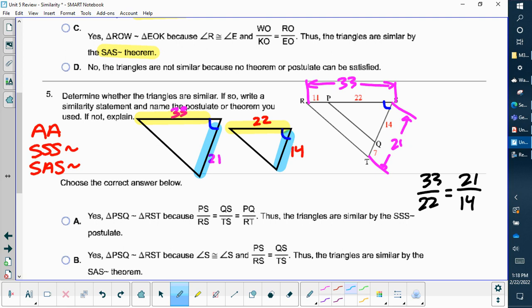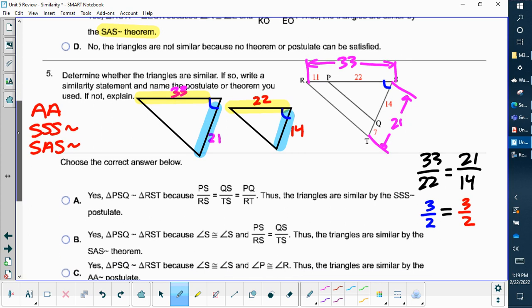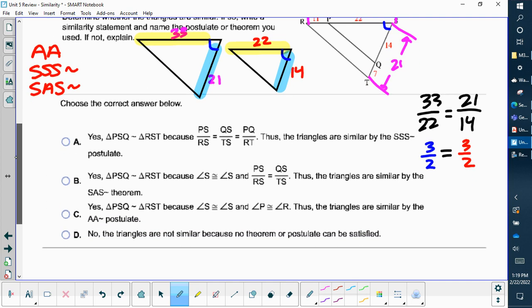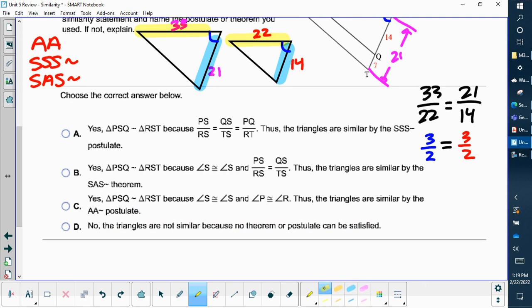Well, 11 goes into the first one, so this turns into 3/2, top and bottom. And 7 goes into the other one: 3/2. You could also type these in a calculator. Yes, they are equal; the ratios of the sides are what we call proportional. So looking at my options, it's not side, side, side. It looks like it's side, angle, side. It's not angle, angle. And here's my correct answer, B.